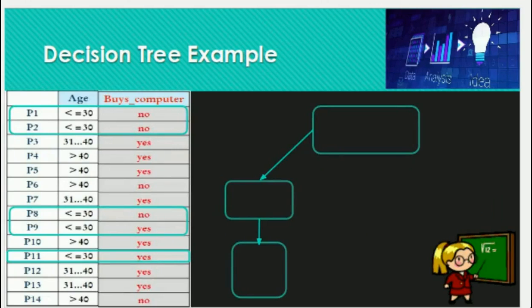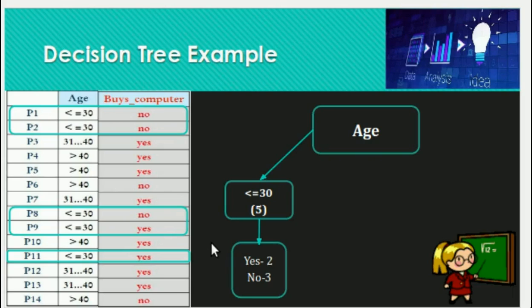Here is an example with 14 instances, of which the yes count is 9 and belongs to the yes class, and the no count is 5 and belongs to the no class. Out of 14 instances, age less than or equal to 30 has only 5 instances: P1, P2, P8, P9 and P11.